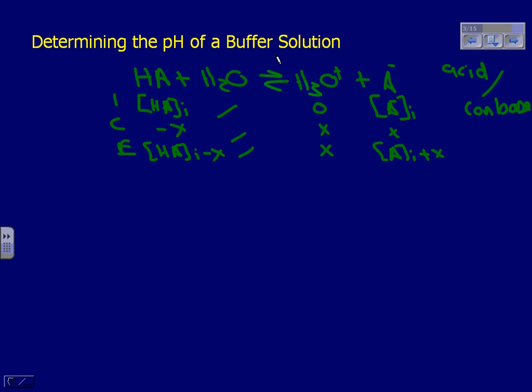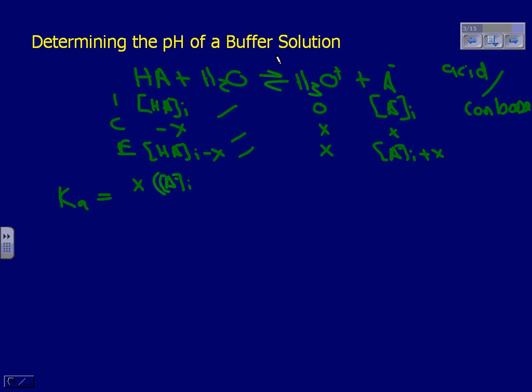You got the possibility of some derivations. And Ka, because this is the bigger Ka for the acid, it's an acid conjugate base, is going to be equal to X, and that's going to be times the concentration of conjugate base, which is an A minus, right?